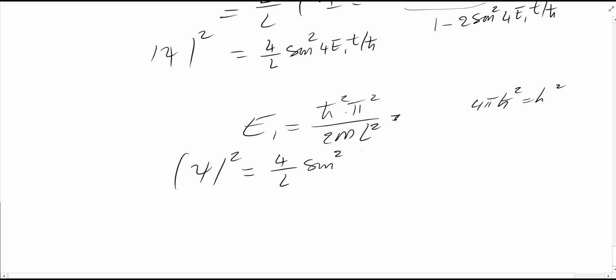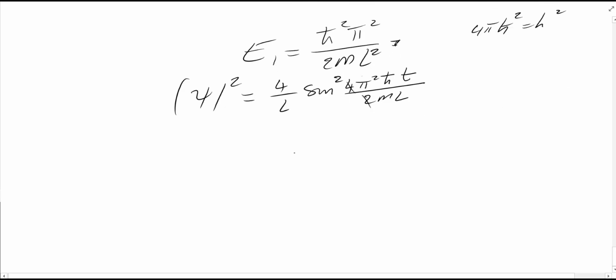Okay, let's leave it, because we're going to cancel one of the h bars in there. So let's leave it 4 pi squared h bar t over 2 m L, and now cancel this 2, and now you are in business. This is finally equal to 4 over L sine squared of pi times h times t over m times L. Whew.